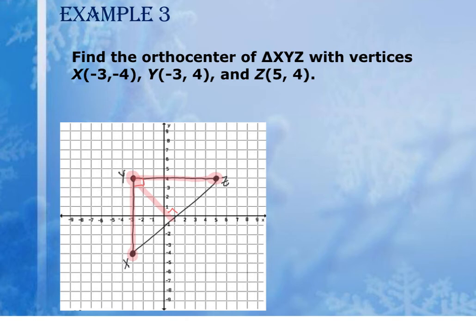Where did these all meet? Where do all of these lines meet up? Y. Yeah, very good, Y. Good, at -3, 4. So Y is our orthocenter.